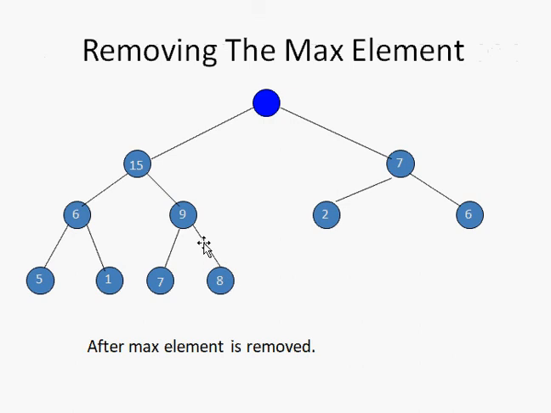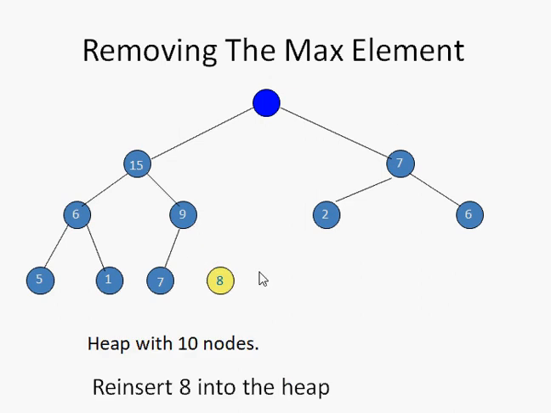Now you have 11 elements, it should be made 10. So the heap with 10 nodes is this now. But 8 is actually the element you have to reinsert. The location for 8 we will look at in the structure. 8 is not there in the heap. We need to find the best position for 8 in the heap.